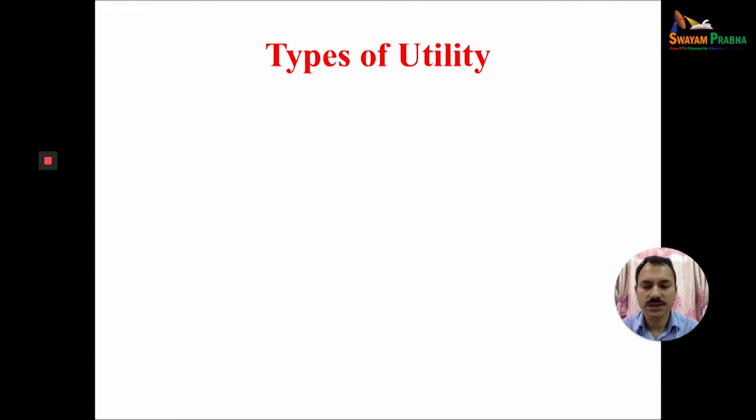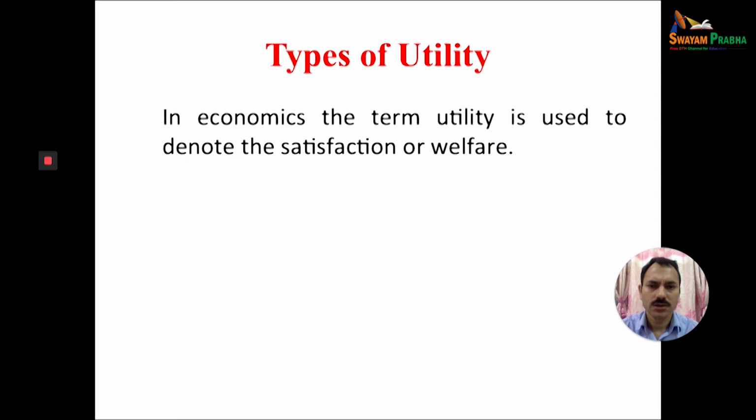Now let us discuss the types of utility. There are various types. In economics, the term utility is used to denote satisfaction, welfare or happiness, which we have discussed right now.